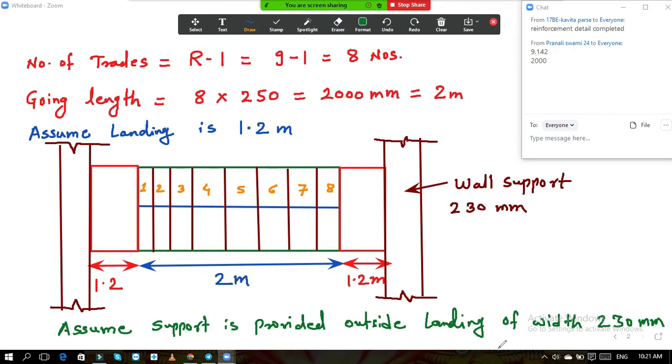So I have assumed this and I have drawn it there, which is shown clearly.